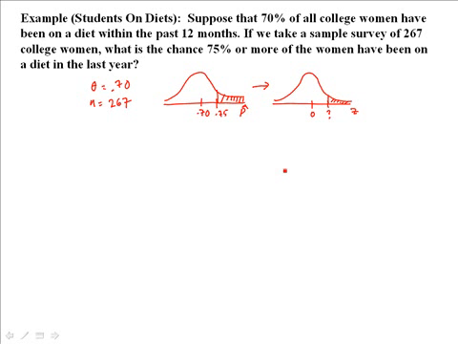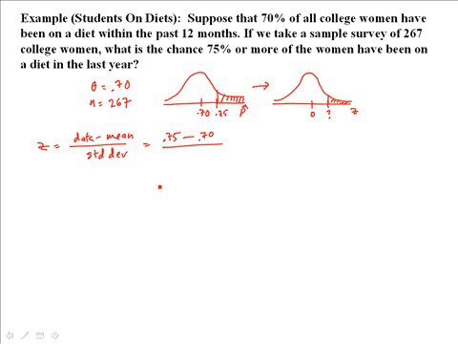Okay, so let's write down the formula for a z-score. The z-score is going to be data minus the mean all over the standard deviation. All right, and then the data in this case is this 0.75. And the mean, of course, is this value in the middle here, 0.70.